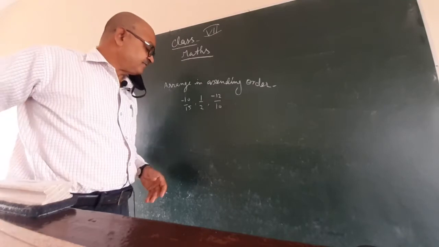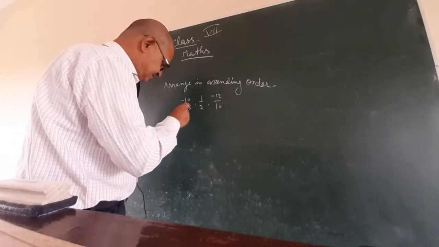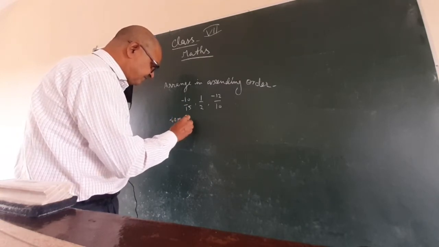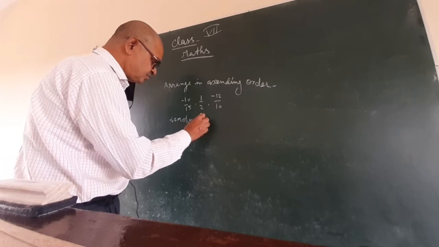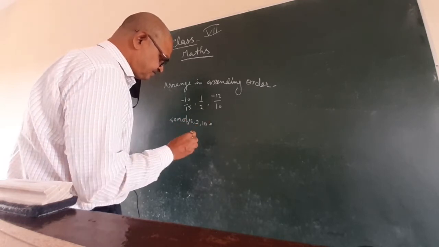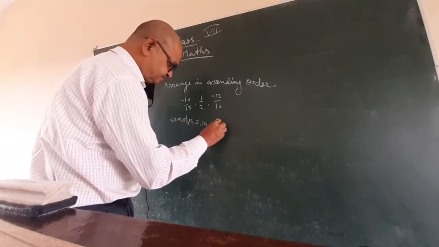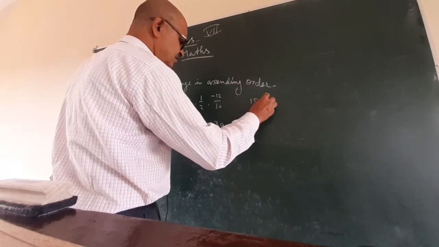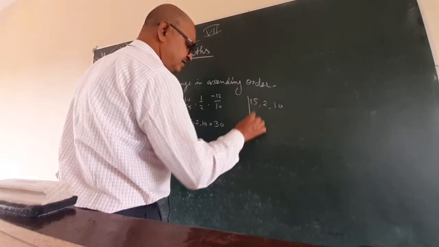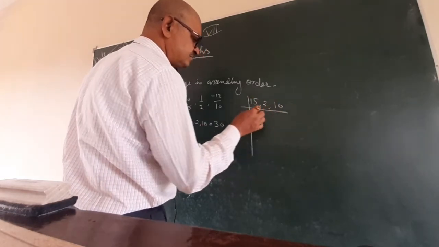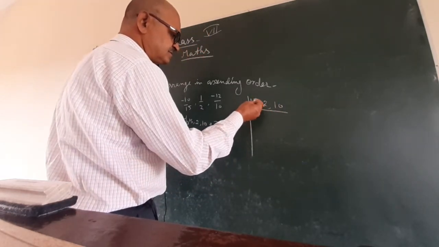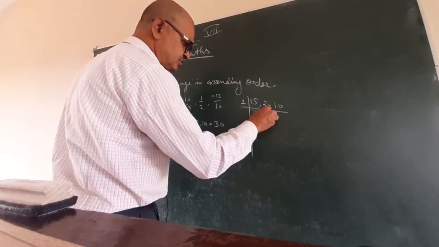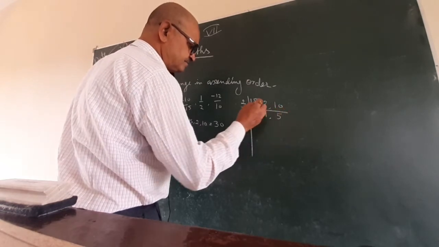First we find the LCM of 15 and 10. The LCM of 15 and 10 equals 30. We can find the LCM also this way: for 15 and 10, we take the number which divides them, we take 2. 15 is not divisible, so 15 stays, 2 ones are 2, then 5.